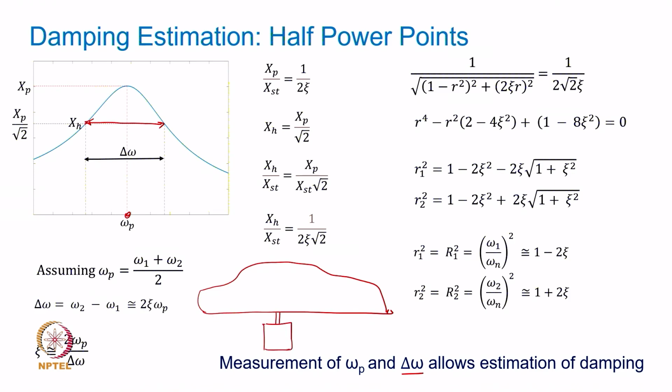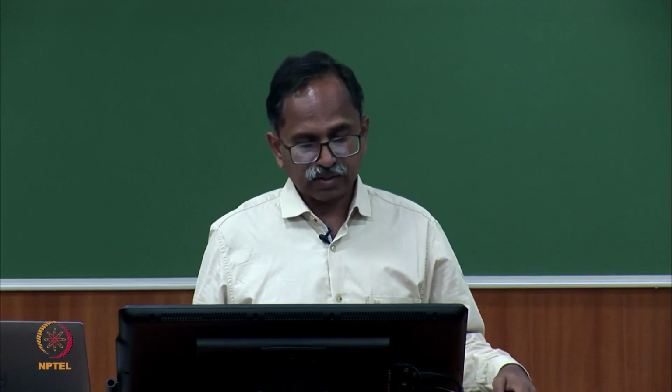Those shakers are used to give excitation F e to the power j omega t, and then they measure the response. So, getting this curve itself can be challenging in some practical cases. Take the example of a railway coach, you are trying to do some estimate there. Large systems are not so easy to excite.